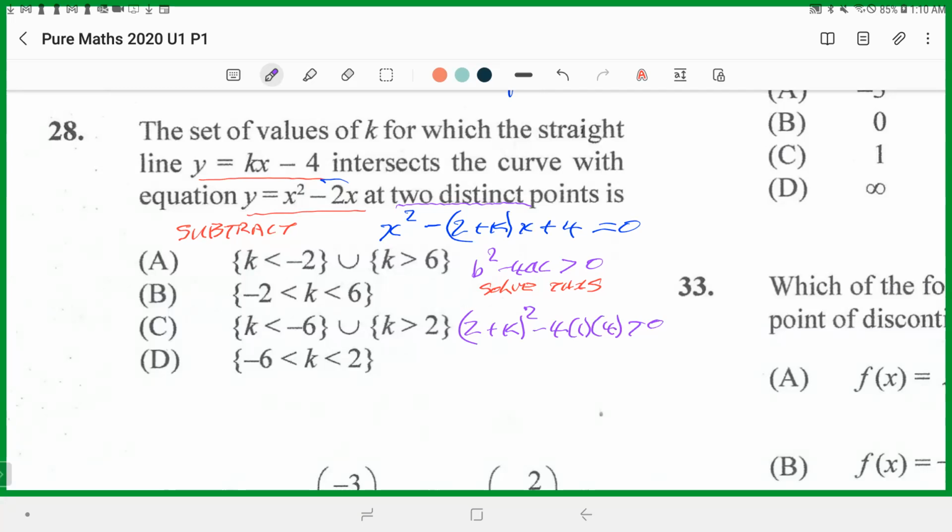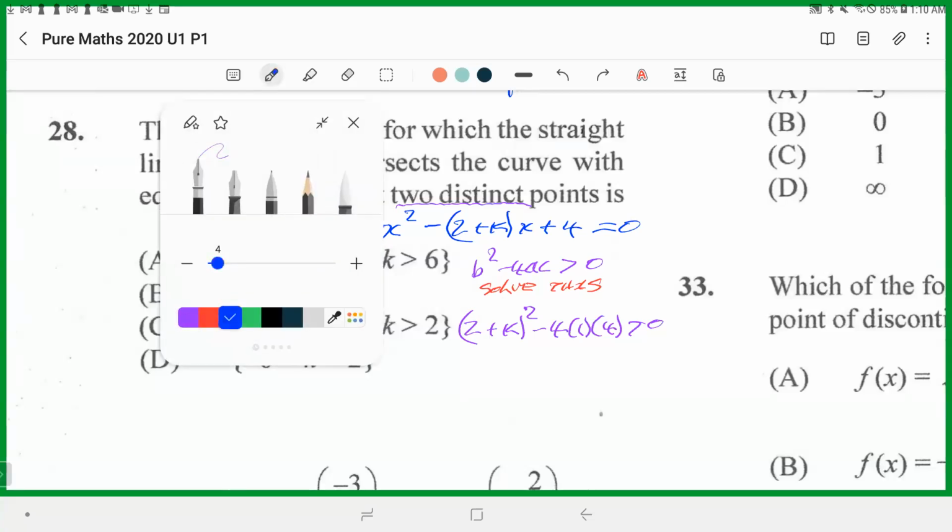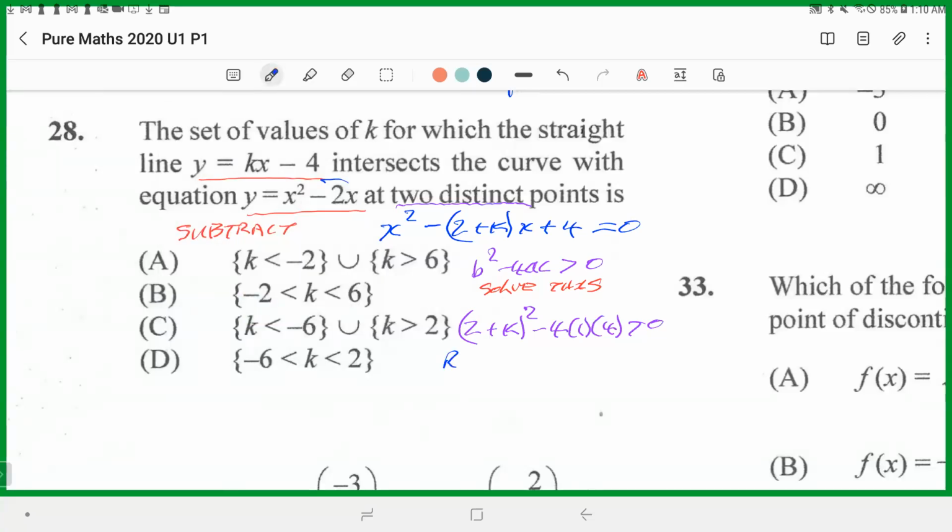But what are the roots? Can I find the roots quick enough? The answer depends on the roots, the critical values.